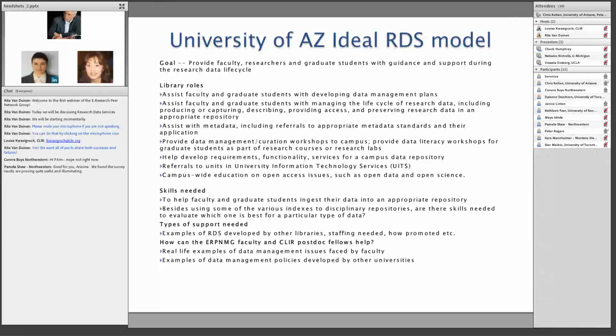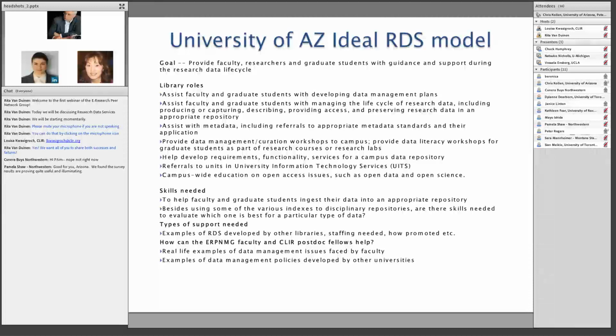And then I guess going down to skills needed, this was a little bit more difficult to come up with. We probably need help developing skills on ingesting data into appropriate repositories.